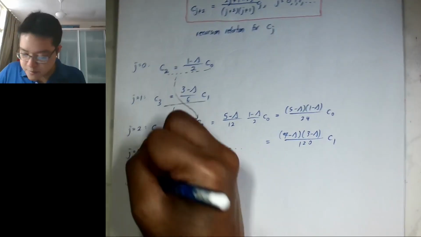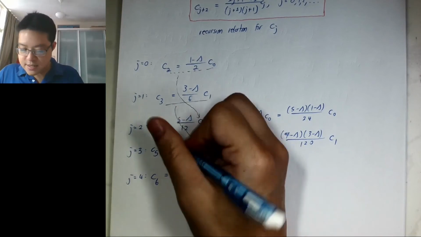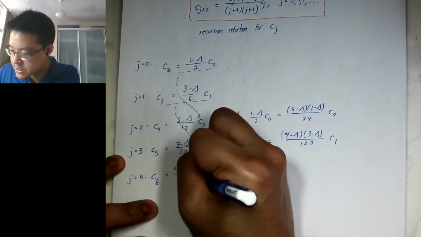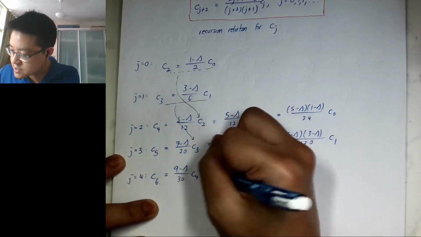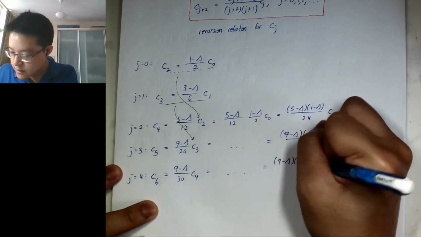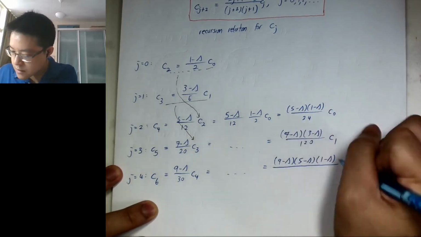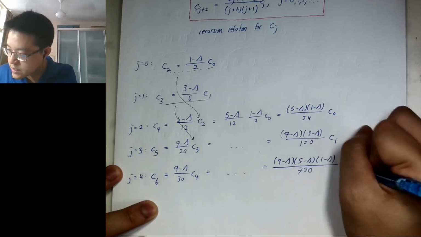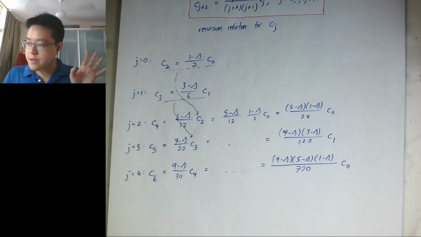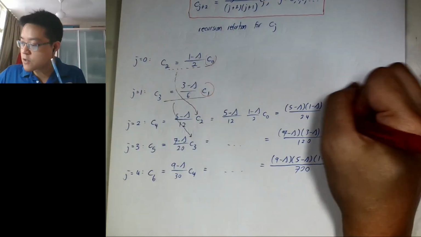So let me write one more. This is c6, right? So c6 is going to be 9 minus lambda over 30 times c4, but c4 depends on this. So after some simplification, you got 9 minus lambda, 5 minus lambda, 1 minus lambda, and this is 720, c0. So you notice the pattern so far, right? Everybody depends on either c0 or c1.